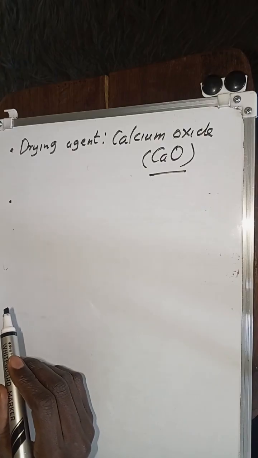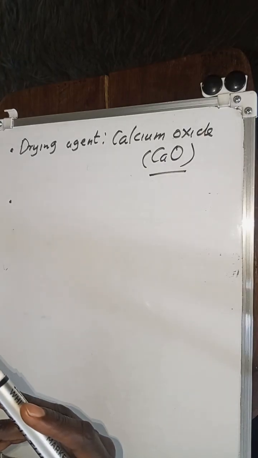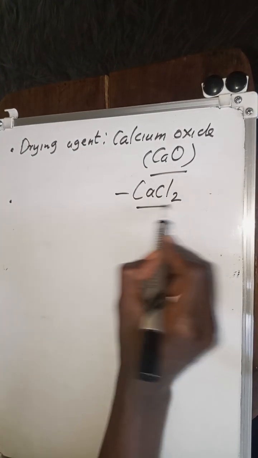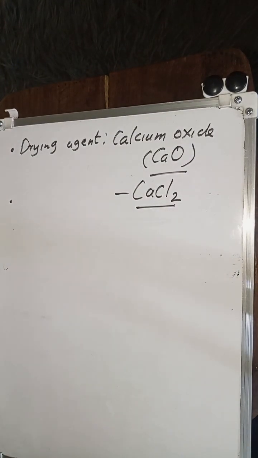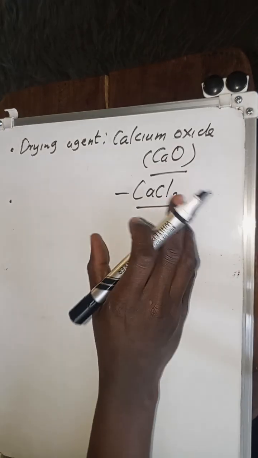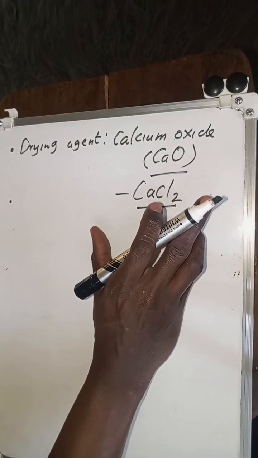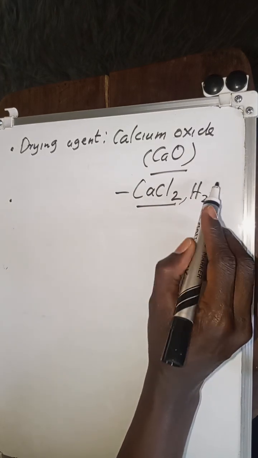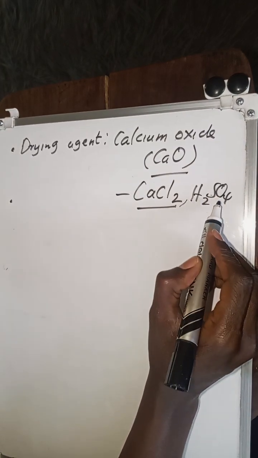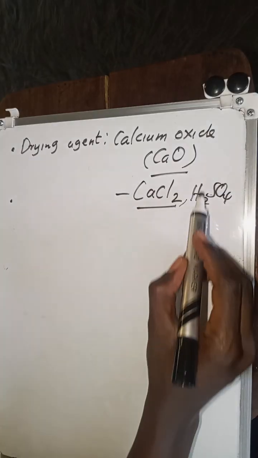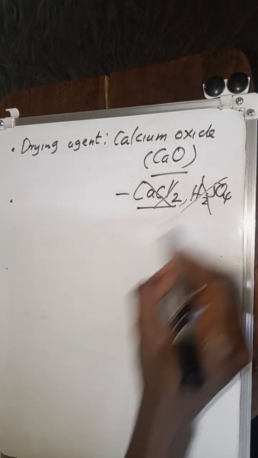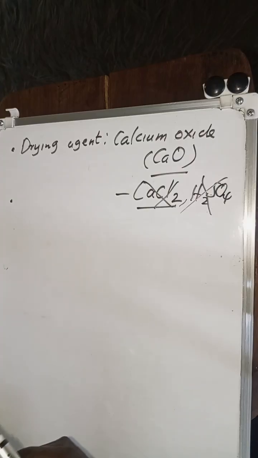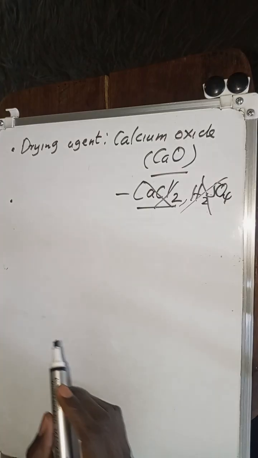Like I said, there could be other drying agents like calcium chloride, but they are not good. Drying agents like calcium chloride and concentrated sulfuric acid, these normally we do not use them. What is the reason? It is because they can easily react with the ammonia.